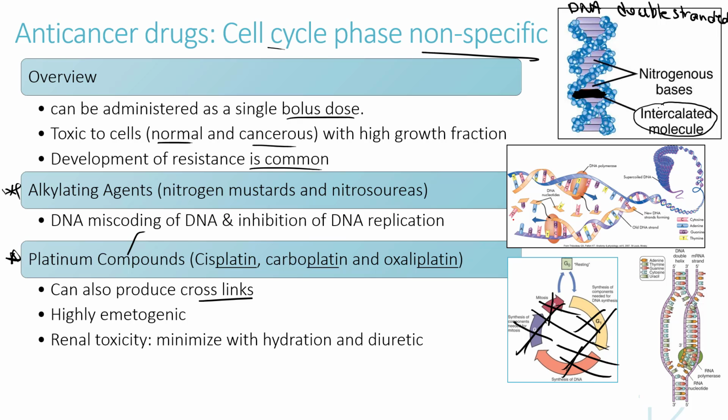Now the problem isn't when the DNA is doing nothing. The problem is when the DNA is undergoing replication, or is undergoing the transcription and translation process in order to make proteins. In each of these cases, the double-stranded DNA needs to be separated in order for replication, transcription and translation to happen.